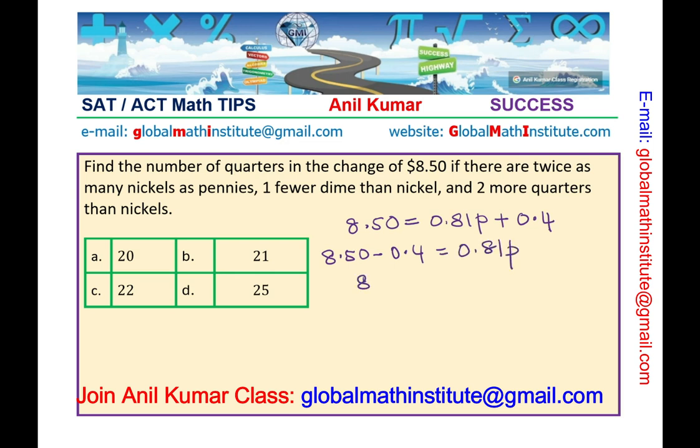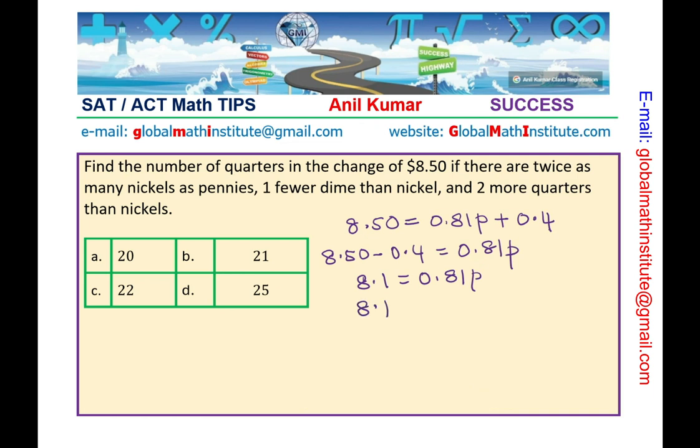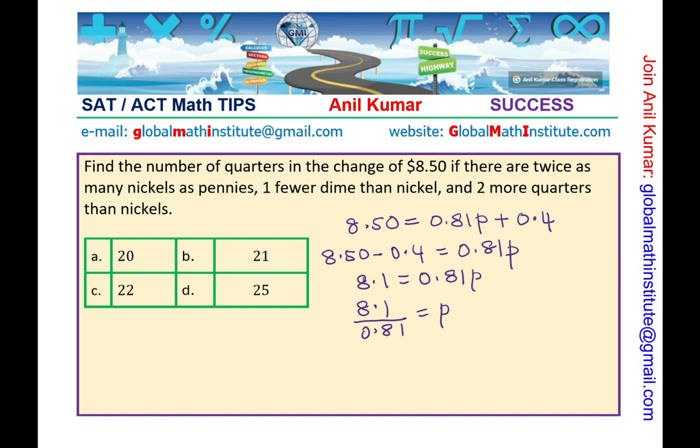That is 8.1, equals 0.81p. So 8.1 divided by 0.81 is p, and clearly this is equal to 10. So p is equal to 10. But 10 is not the answer.